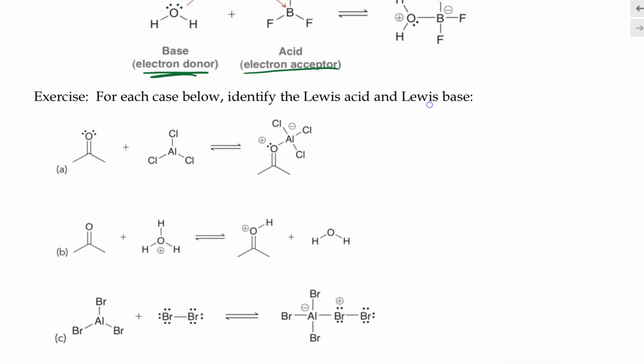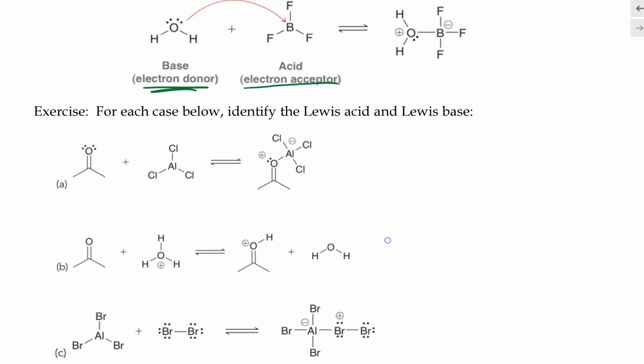Let's try a few examples and identify the Lewis acid and the Lewis base in the following reaction. Here in this case, we are given this reaction and we need to identify which one is the Lewis acid and which one is the Lewis base. By looking at the product, we will see electrons being donated from this oxygen into this aluminum to form this bond.